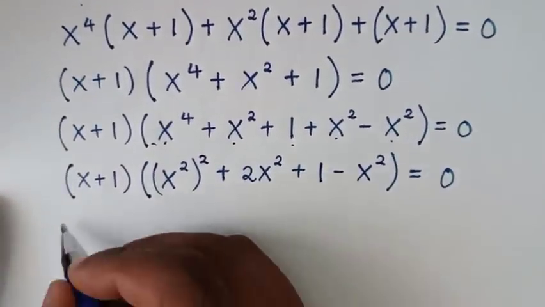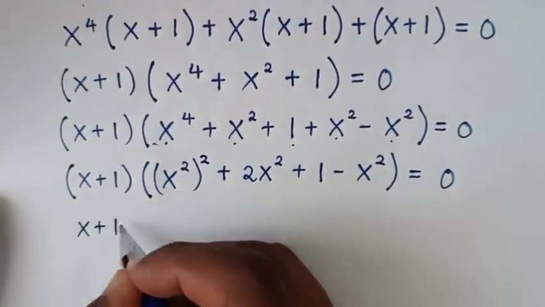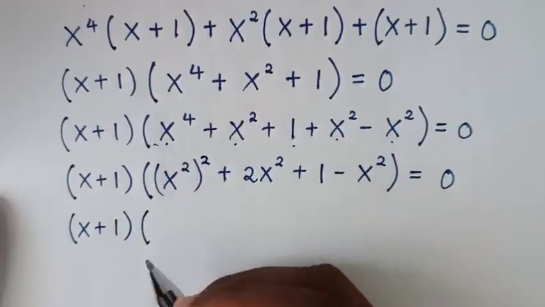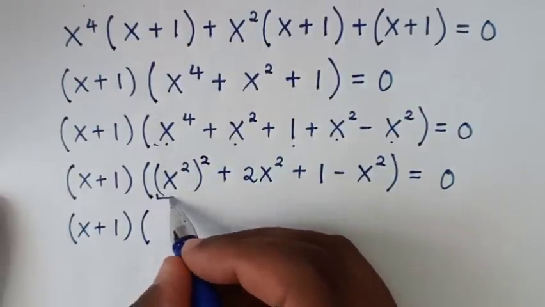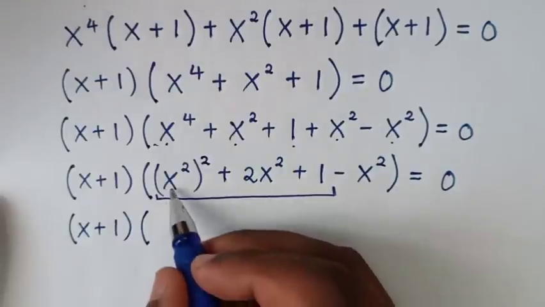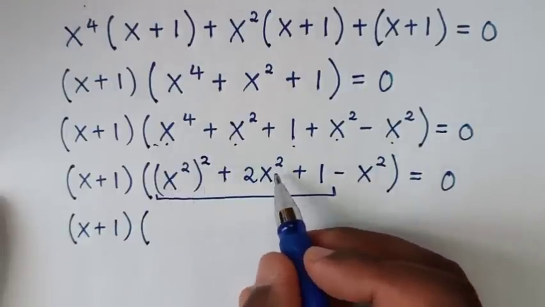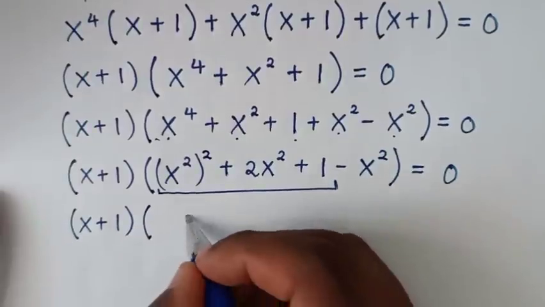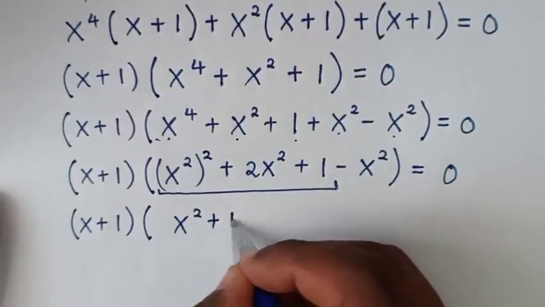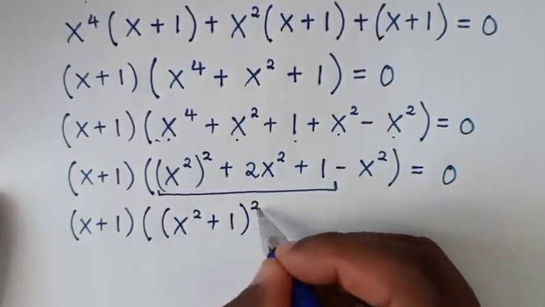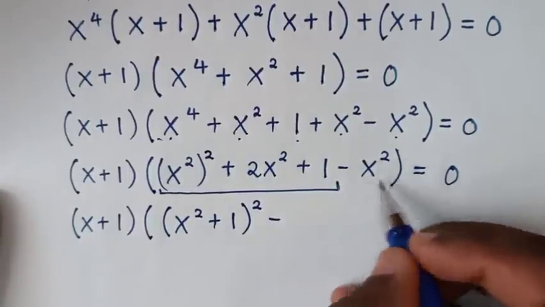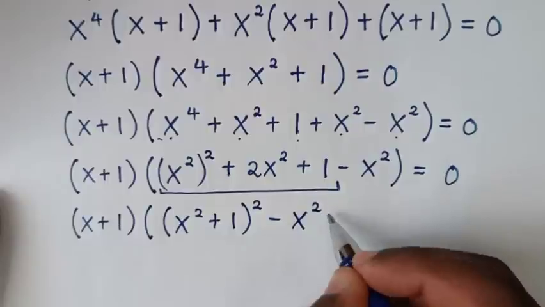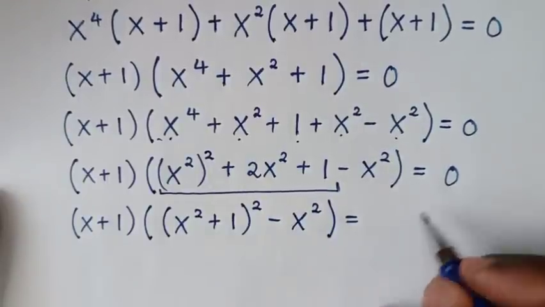Then in the next step, it will be x plus 1 bracket, then bracket. Into this part here, (x^2)^2 + 2x^2 + 1 is the same as (x^2 + 1)^2, then minus x^2, bracket is equal to 0.